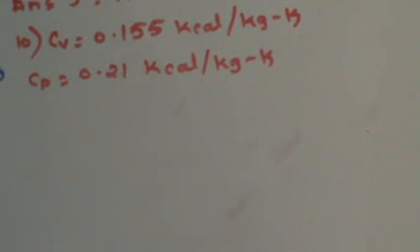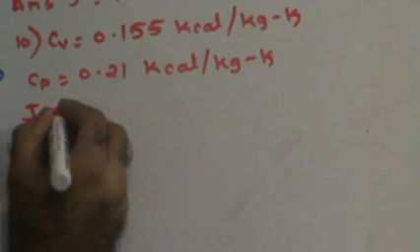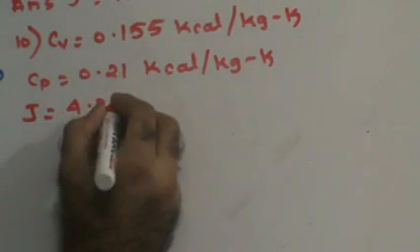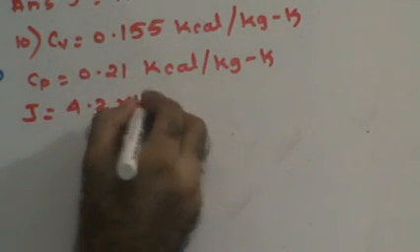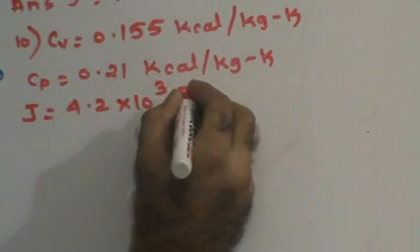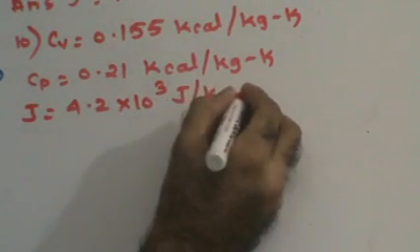Find gas constant if J is 4.2 into 10 raised to 3 joules per kilocalorie.